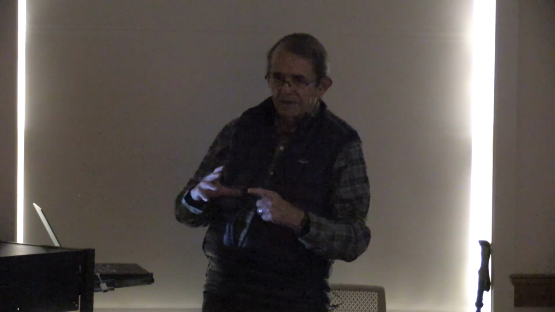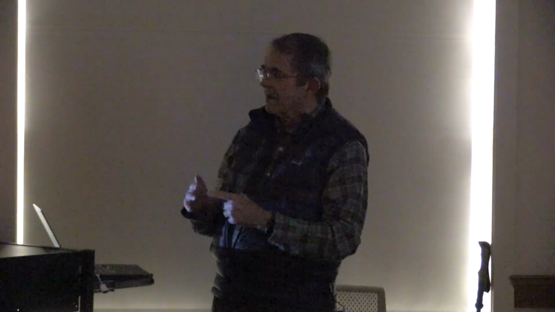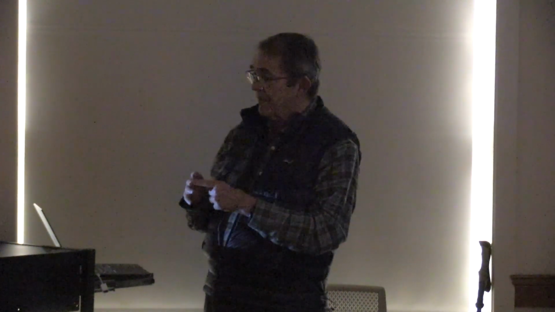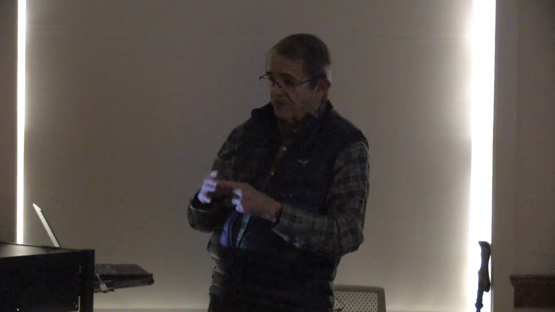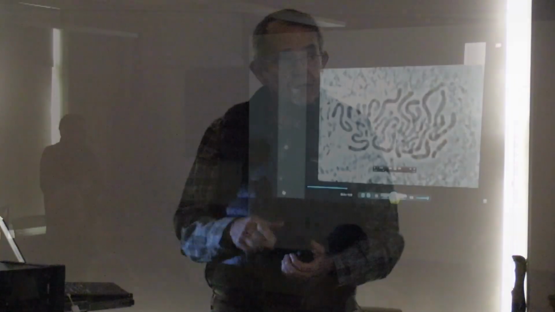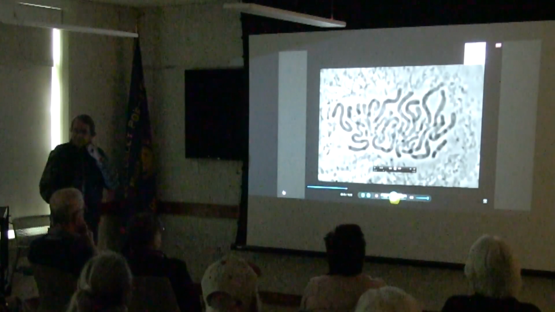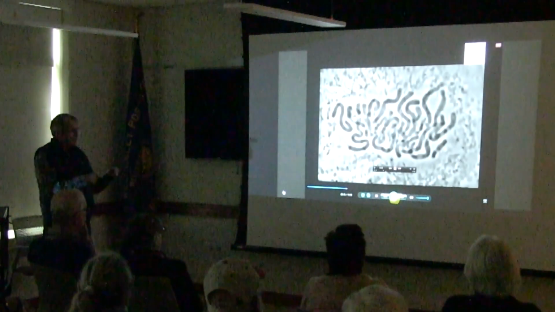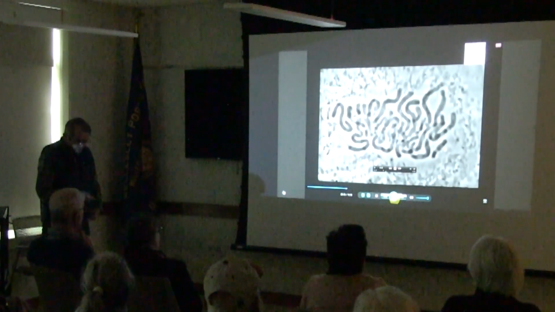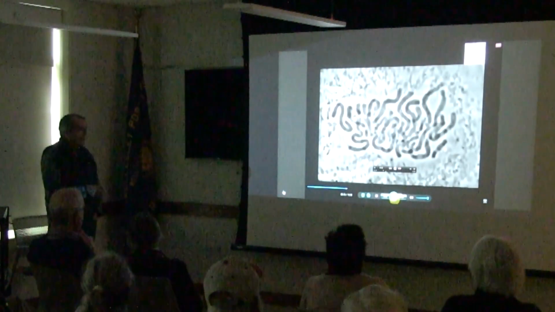And remember, every time cells divide, and it's going on millions and millions of times in your body right now, every second, every time it divides, it has to copy all of its genetic information so that one copy can go to each new cell. What you see here, this is a plant cell, and it's already well into the process of dividing.